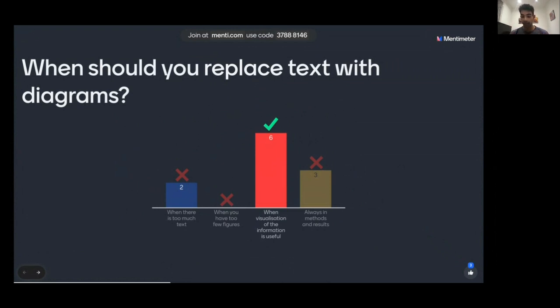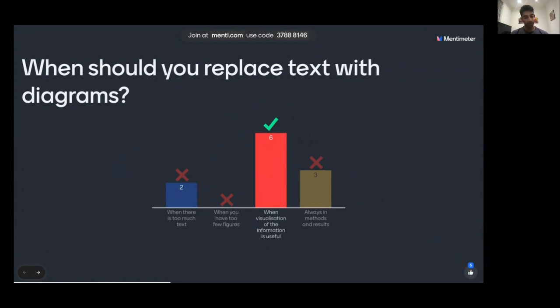You just won't find the correct images to do it, and then you end up with bullet points. And sometimes results sections need tables where you can't use diagrams there. And when there's too much text, generally yes, but like I said, not all text can be an image, like introductions, for example.